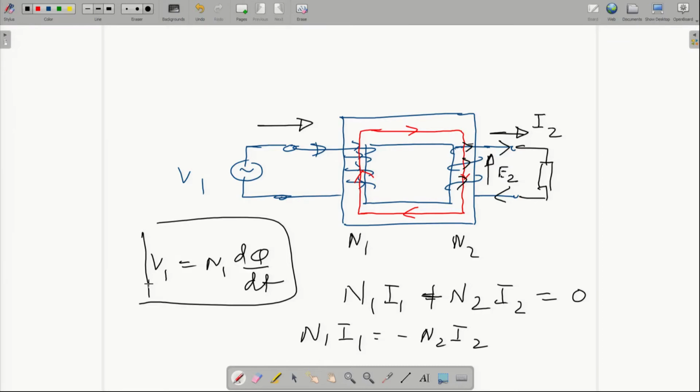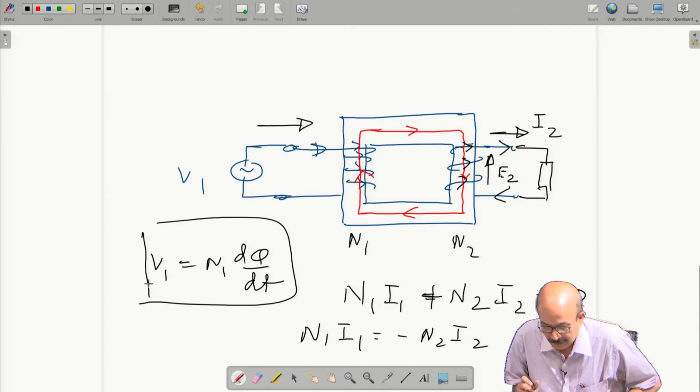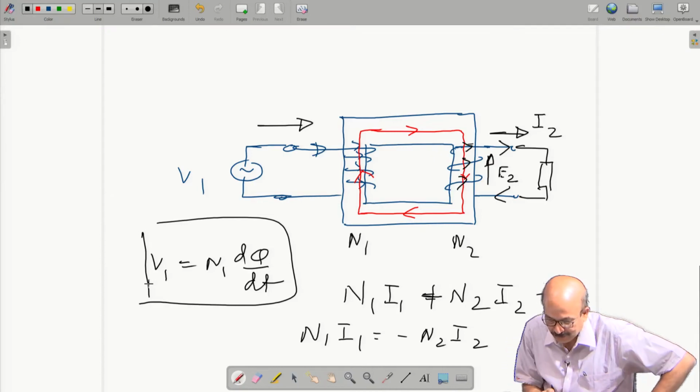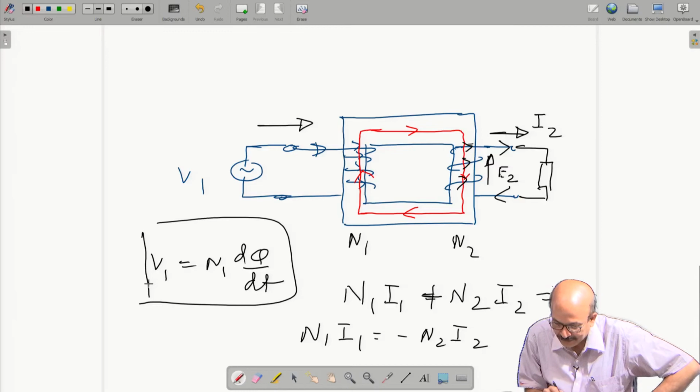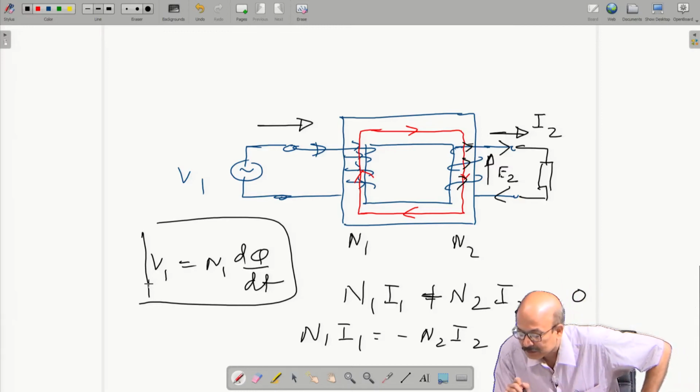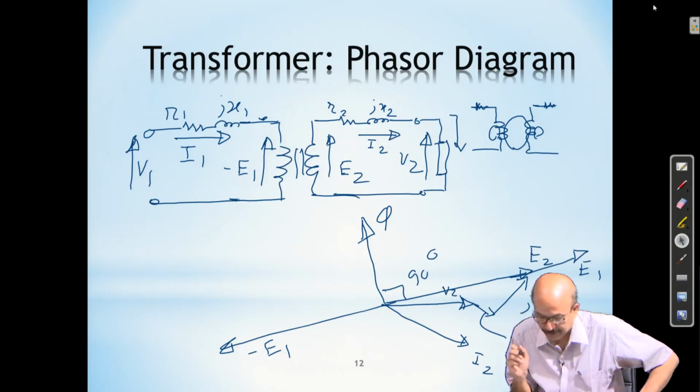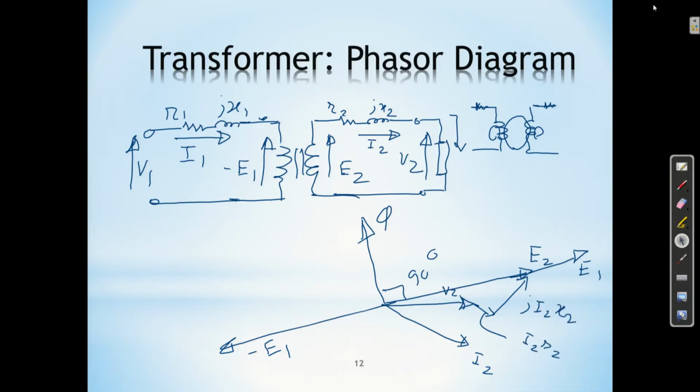What we neglected is a small amount of current that must be there from the primary side to maintain the flux in the core. Now we will go back. We know that I1 is in the opposite direction of I2, in the ratio N2 by N1. If I2 is this side, I1 will be this side, maintaining the ratio so that N1 I1 is equal to N2 I2.